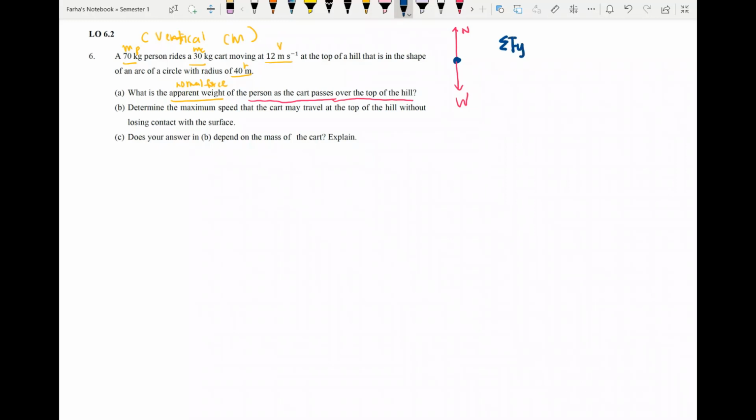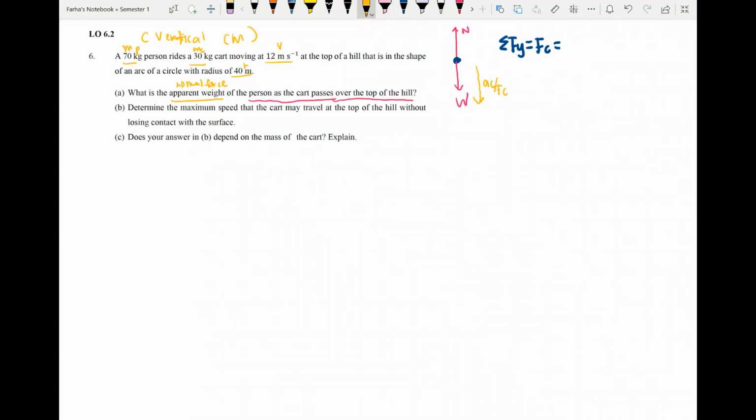So the sum of Fy will equals to the Fc. Okay, ingat paksi Y kita yang contribute Fc kita. Daya-daya yang contribute pada centripetal force kita adalah disebabkan oleh normal dan weight. Okay, ini adalah dia ketika di top. Jadi kita boleh lukiskan the direction of AC ialah ke bawah sebab direction of AC tu sentiasa towards the center.